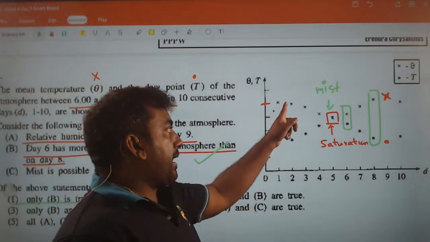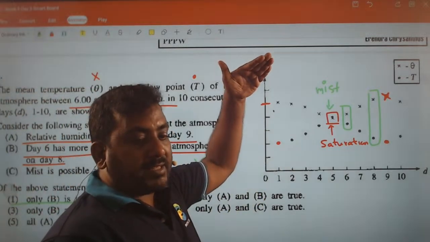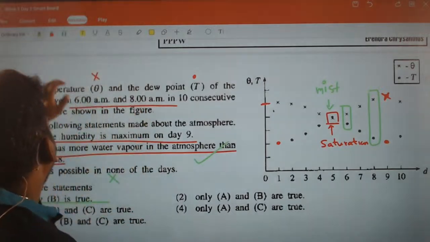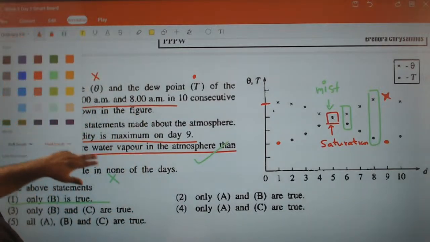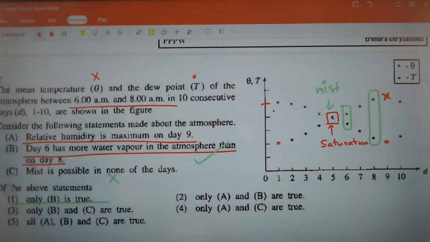When the mean temperature and the dew point temperature difference is very large, that means it is an unsaturated vapor.